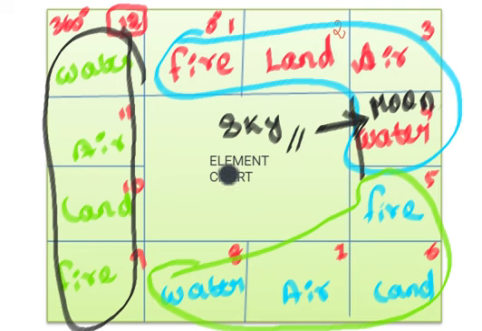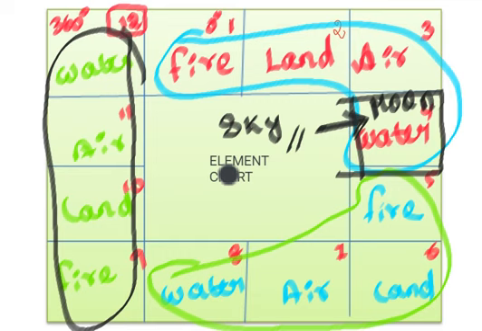That is how the moon will react in this house. For analysis purposes, this element chart will be very, very useful for us. This type of analysis I am going to brief you in the description of the analysis sessions. This is a basic thing we are saying.